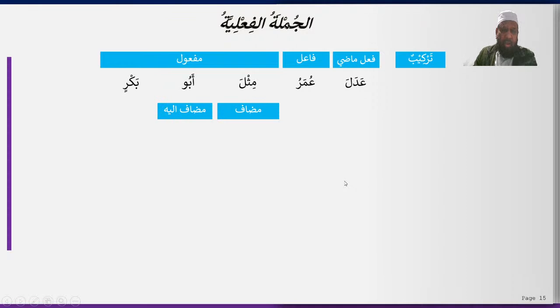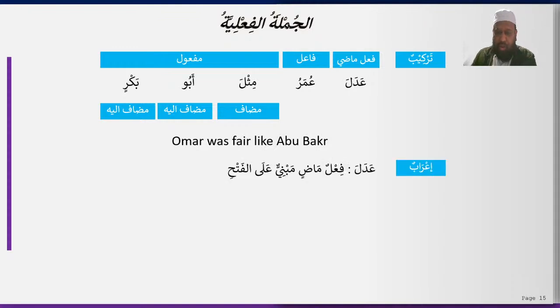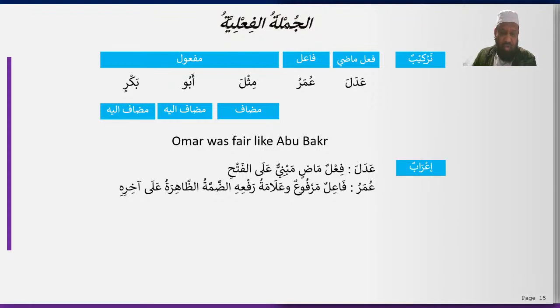Right. مثل مضاف, أبو وأبي مضاف إليه and بكر مضاف إليه. Okay, so I purposely left that just to make you understand. Umar was fair like Abu Bakr رضي الله عنهما. إعراب عدل فعل ماض مبني على الفتح. عمر فاعل مرفوع وعلامة رفع الضمة الظاهرة على آخره.